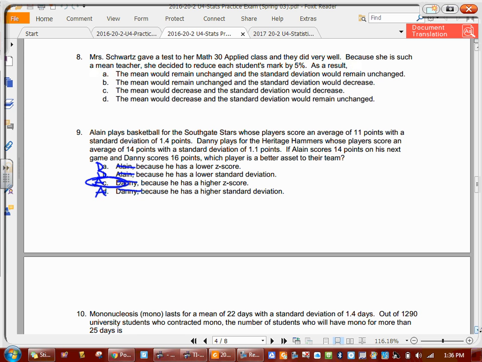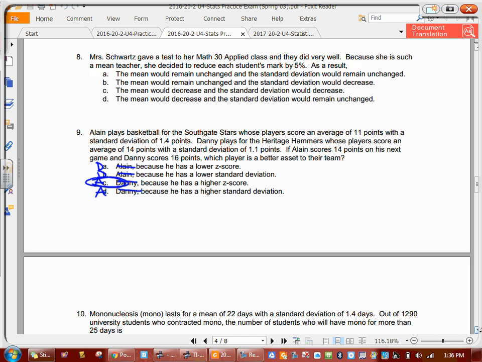Well, we have to take a look at what we had before. Whenever you're comparing who's better, you're comparing standard deviations. You want the lower standard deviation. If we compare z-scores, we compare to the higher. The higher z-score does best, the lower z-score does worst. So, are we asking about who's the better player or who's more consistent?